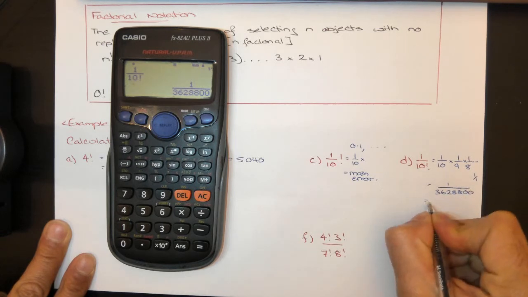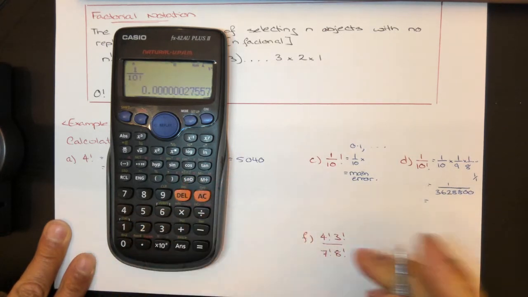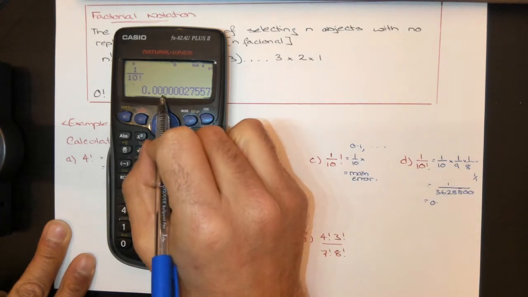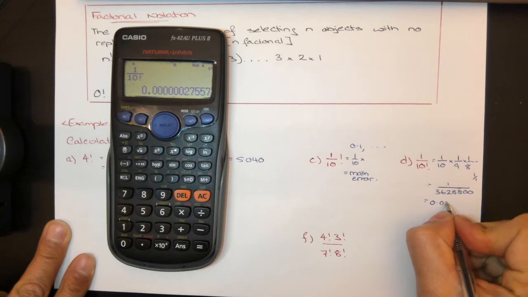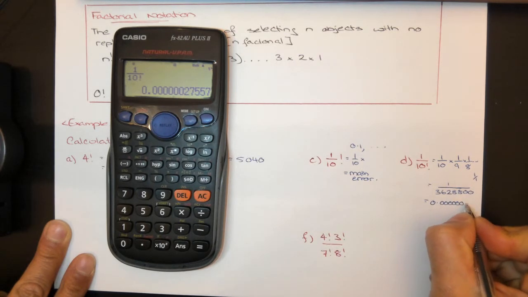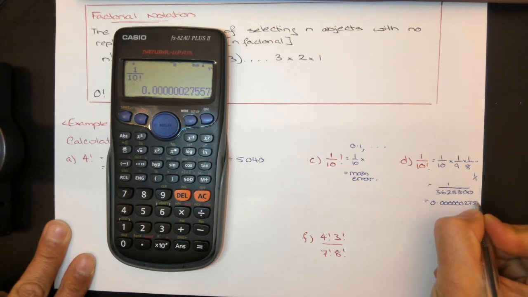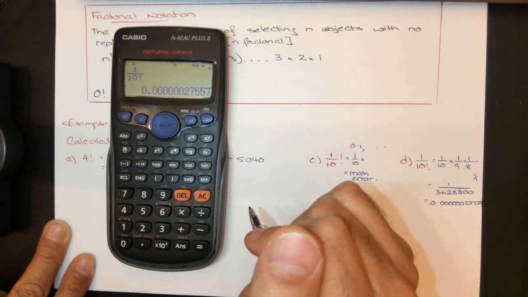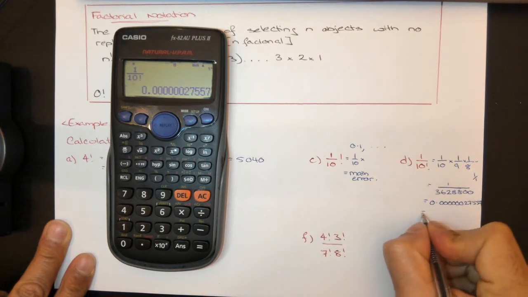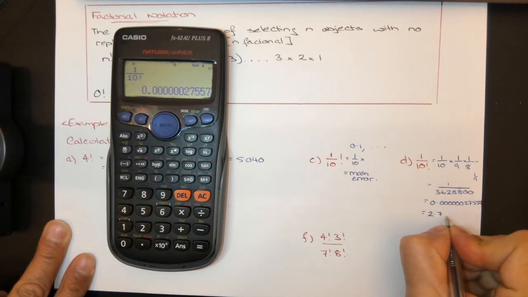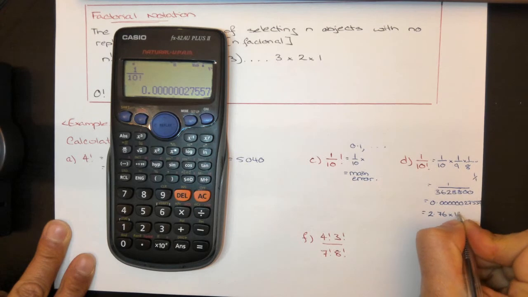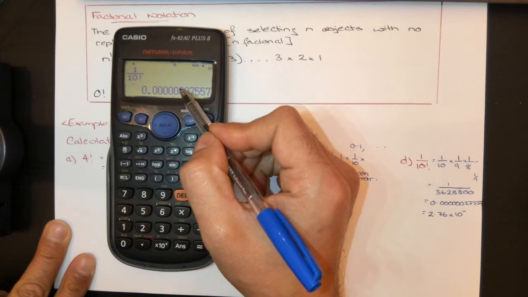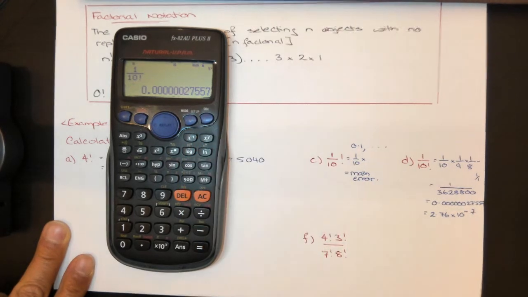We can also write that as a decimal, 0.2 567, and obviously we can write it in scientific notation as well: 2.76 times 10 to the power of negative 7.